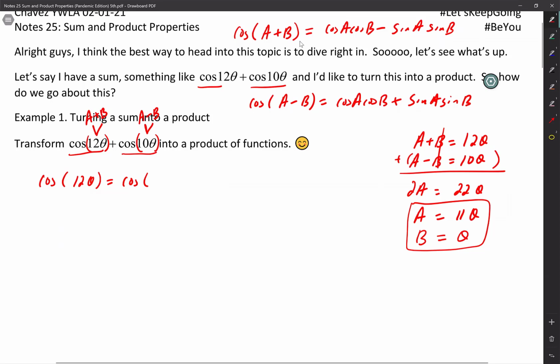Here's cosine 12 theta. Do you guys agree 11 theta plus theta is 12 theta? And I'm going to write the composite argument property for cosine of 11 theta plus theta: cosine 11 theta, cosine theta, minus sine 11 theta, sine theta.